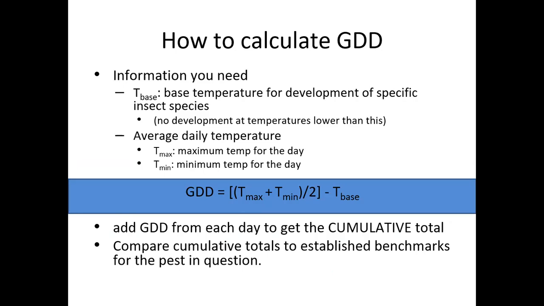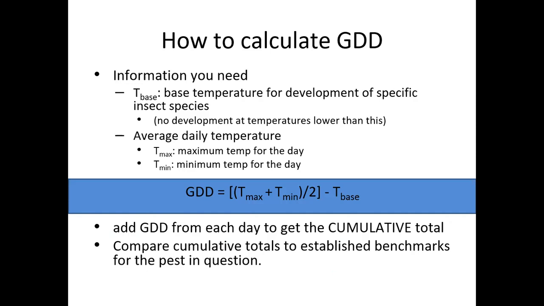And so to calculate the growing degree days, we look at the daily maximum temperature and the daily minimum temperature, and we divide that by 2 for the average. And then we subtract the base. And for European corn borer, that base temperature is 10 degrees Celsius. So at temperatures below 10 degrees Celsius, we do not have corn borer activity. So we only count those days where the temperature is above 10 degrees.